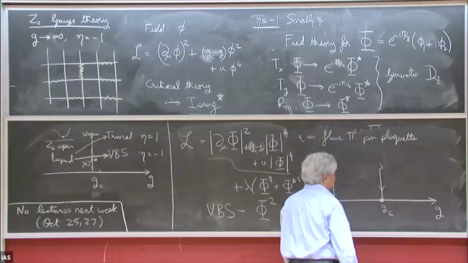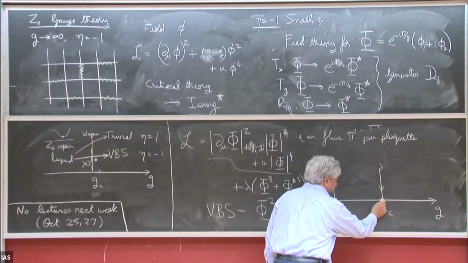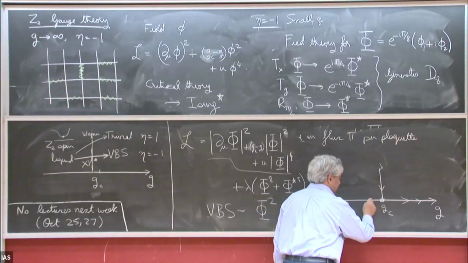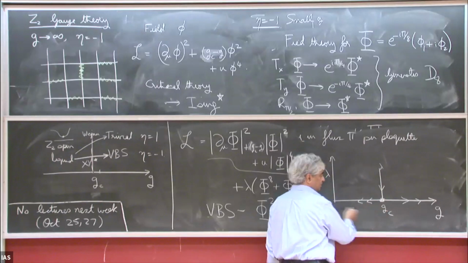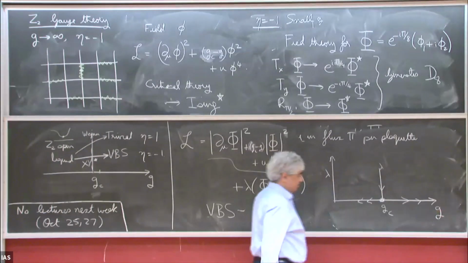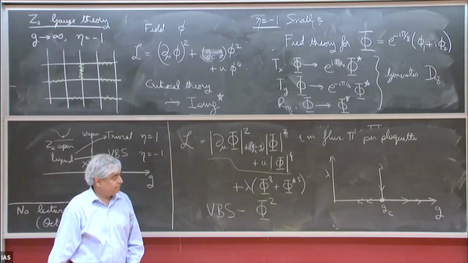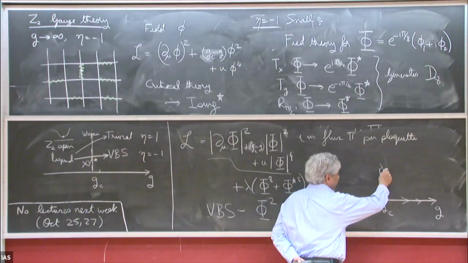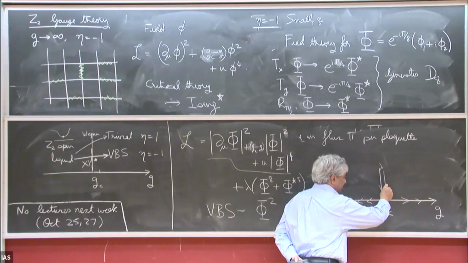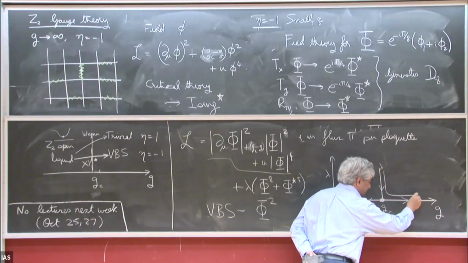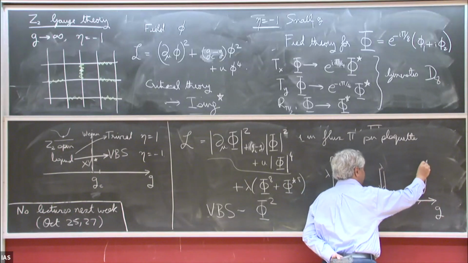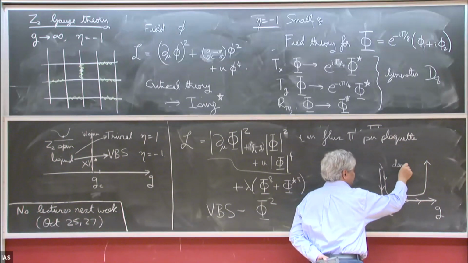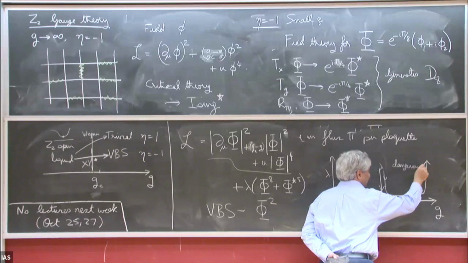So if you're really interested in the critical properties, lambda is 0. And the flow here is this way. So this goes to g equals 0. Strong g is the phase you're interested in. So what happens here is that if you're a little bit away, lambda seems unimportant, but eventually it comes out here, and at this point it is very important. So this is what's called a dangerously irrelevant variable.